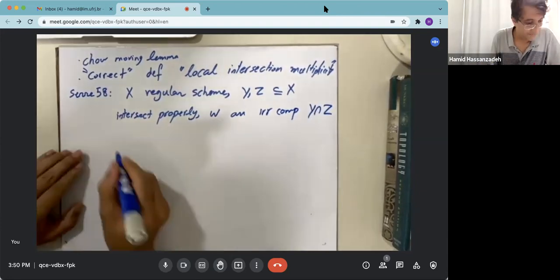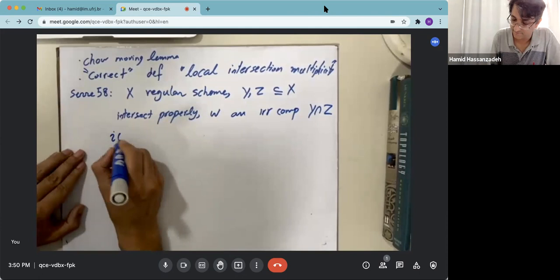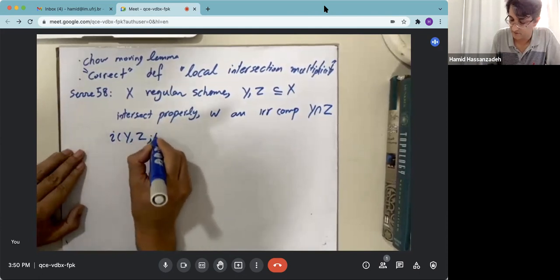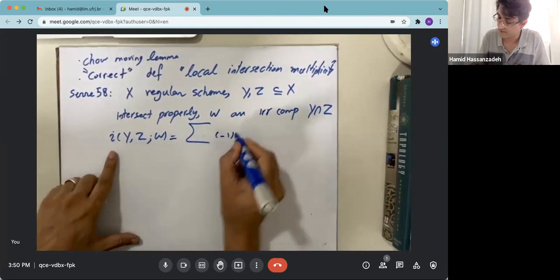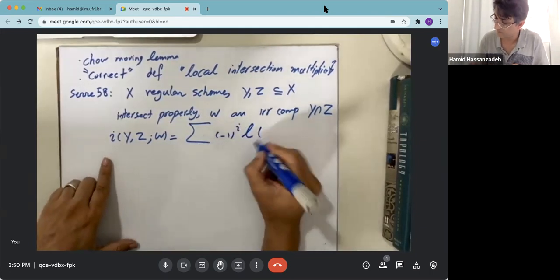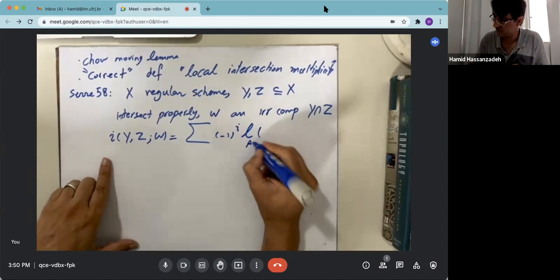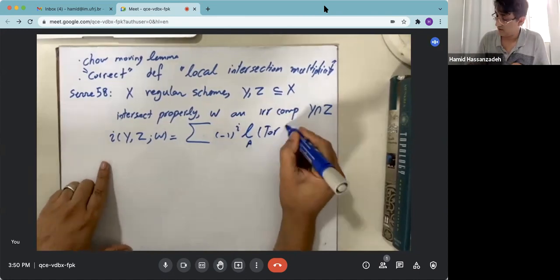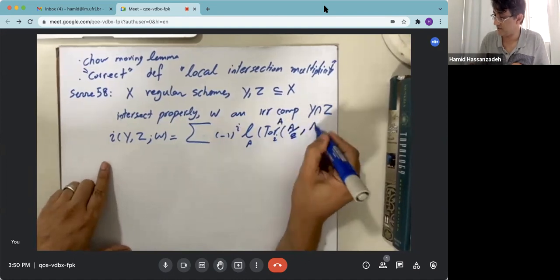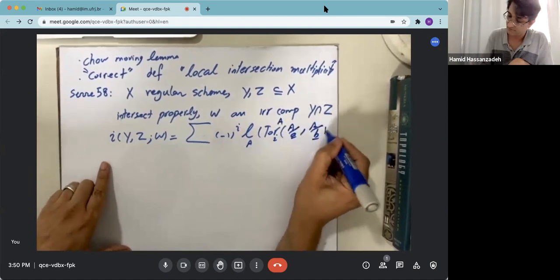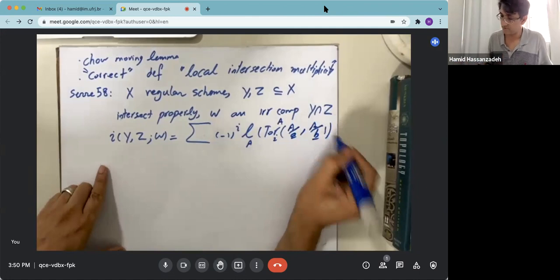Then Serre defined the intersection multiplicity of Y and Z along W to be the sum of (-1)^i times the length of Tor_i^A(A/𝔞, A/𝔟), i from 0 to infinity, whatever, it is a finite sum at the end.